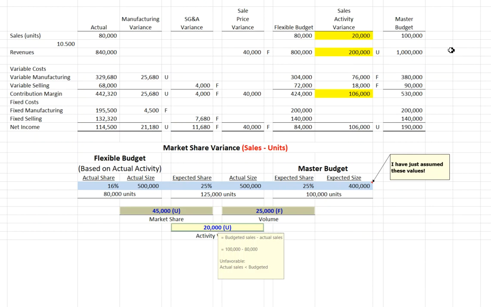In this problem, recall, our estimated selling price, if we take our 800 divided by 80, was $10 per unit. Our estimated contribution margin per unit, the 424 divided by the 80, was $5.30 per unit.